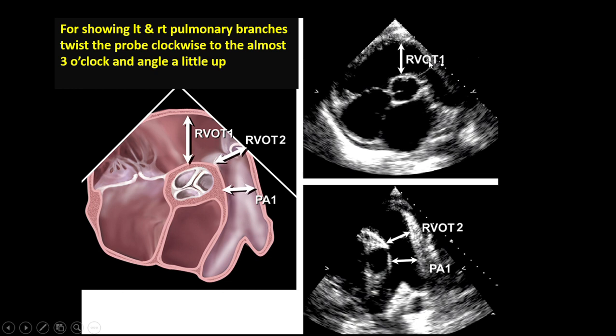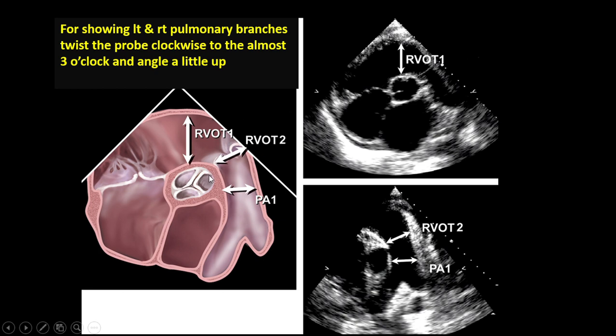For RVOT 1, we measure RVOT on the PLAX. We put the cursor at 12 o'clock, inner to inner of the aortic wall at the largest diameter, perpendicular, at 12 o'clock.